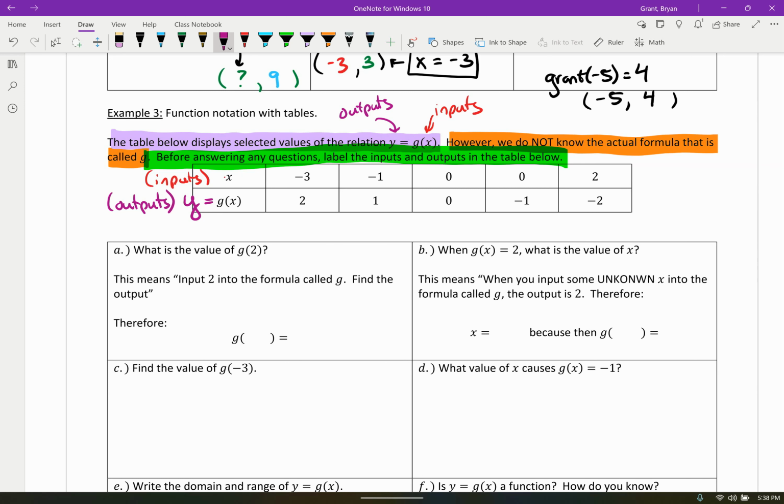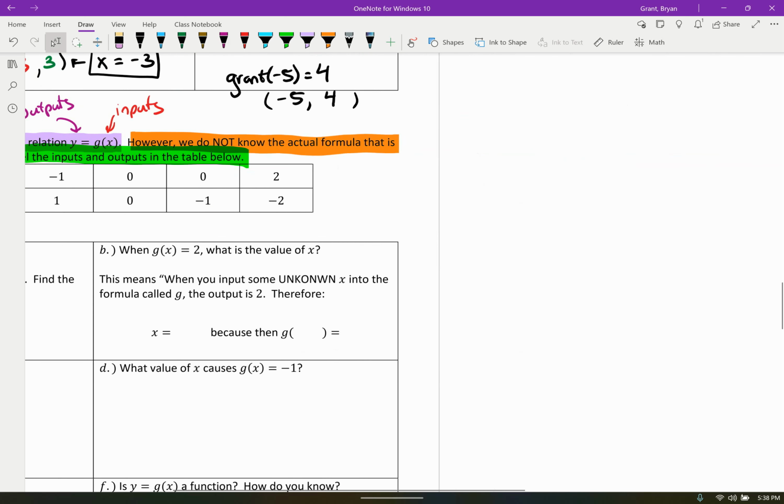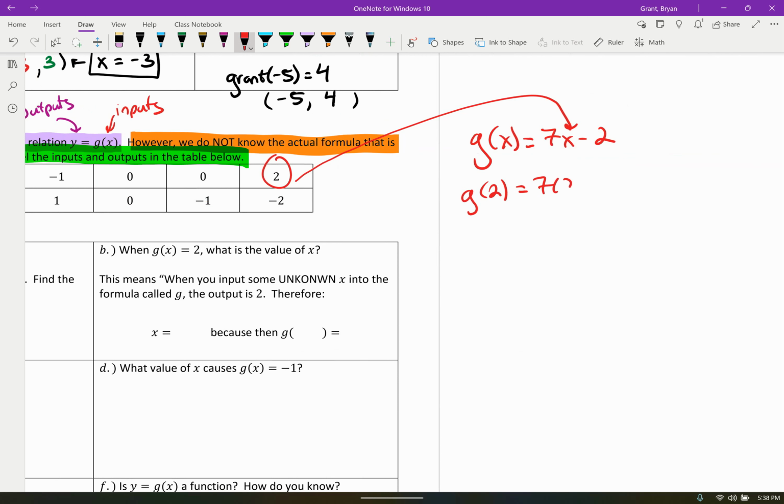Now, how is this table created? Well, it's actually an unknown formula. So what they may have done is they may have had a formula like g of x equals 7x minus 2, and they may have just taken all of these x values, like 2, input it into the formula. So that'd be like finding g of 2. 7 times 2 minus 2, that's 14 minus 2, that's 12.